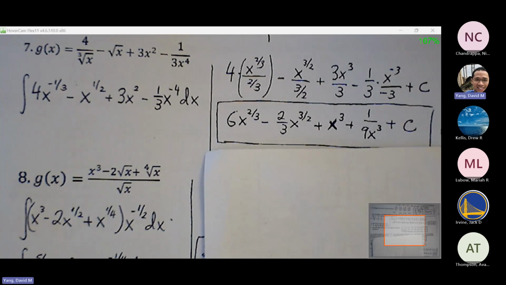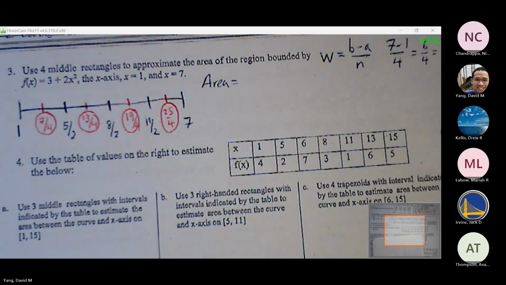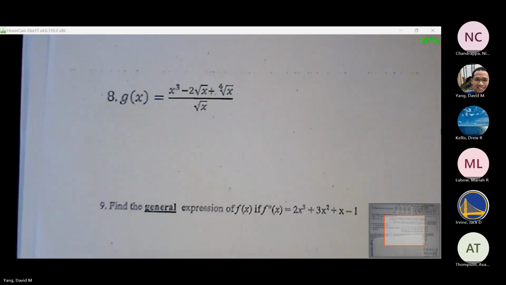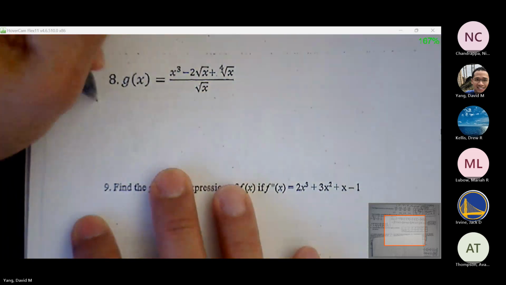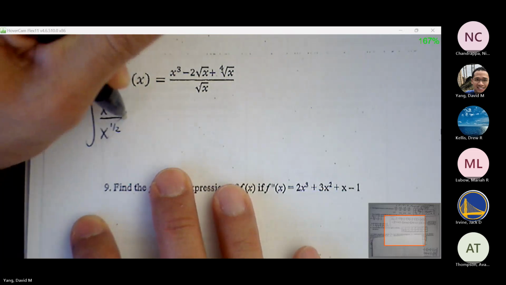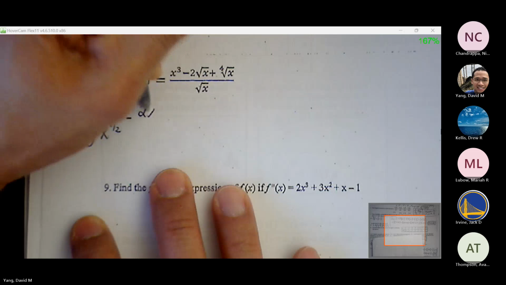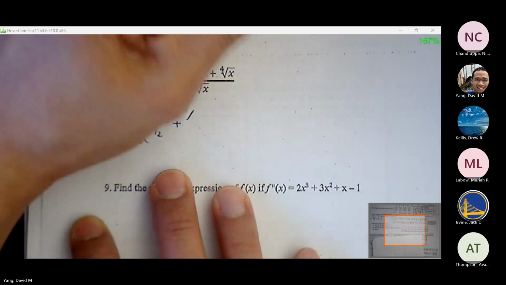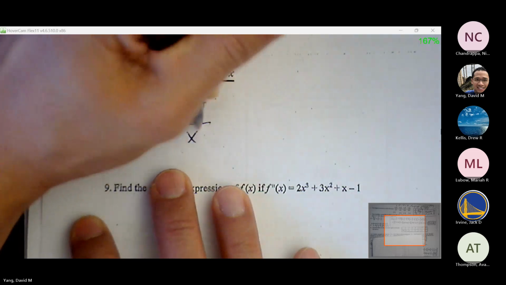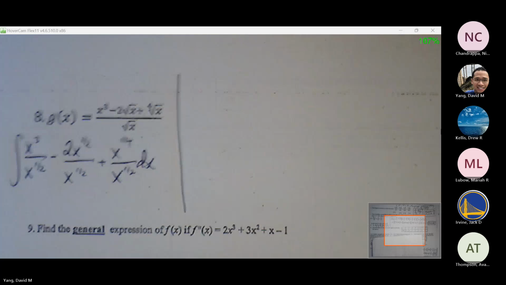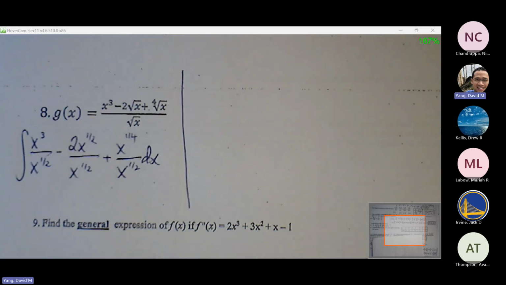Any question with 7, though? I think merge the fractions by subtracting exponents. 3 minus 1/2.